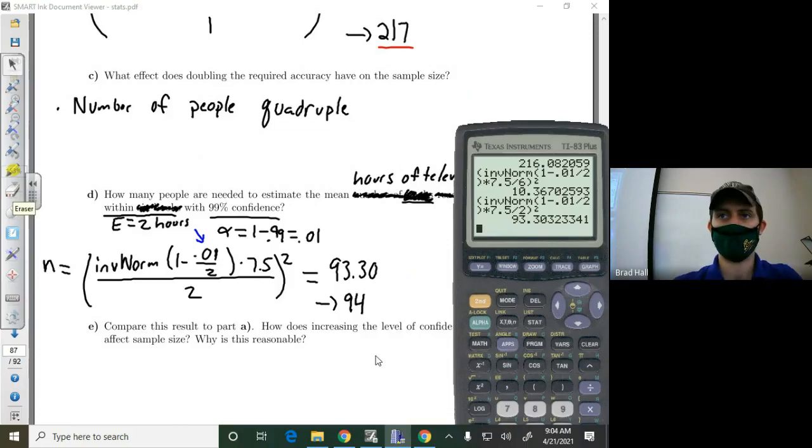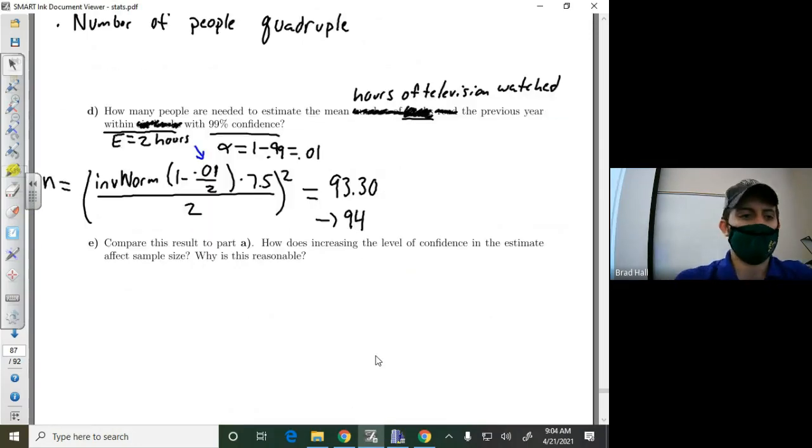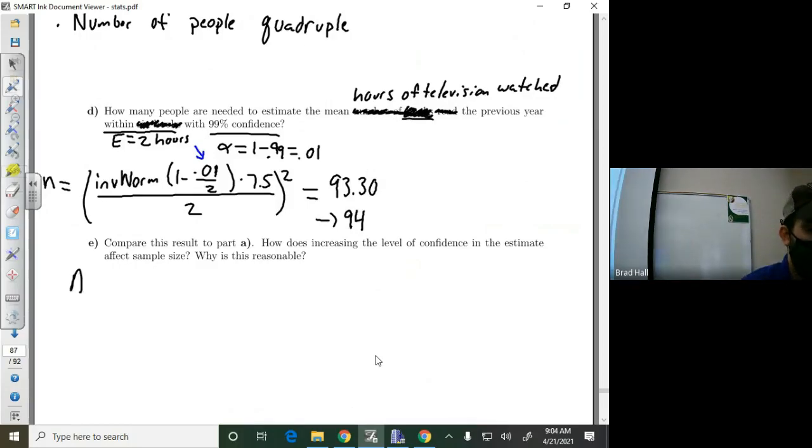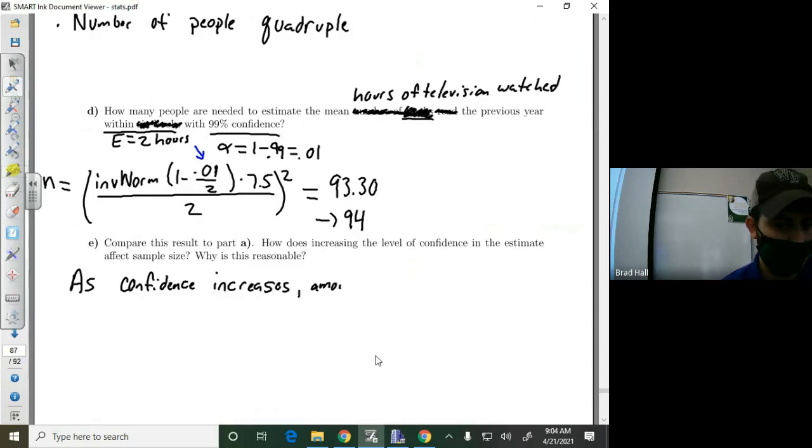So then E would be: as the confidence increases, so does the amount of people increases.